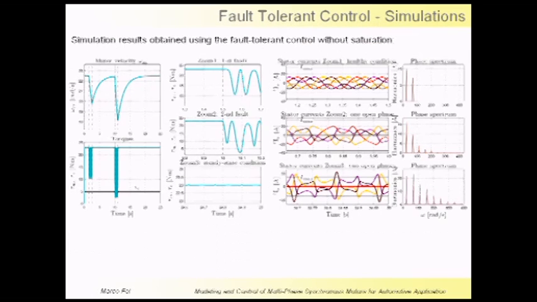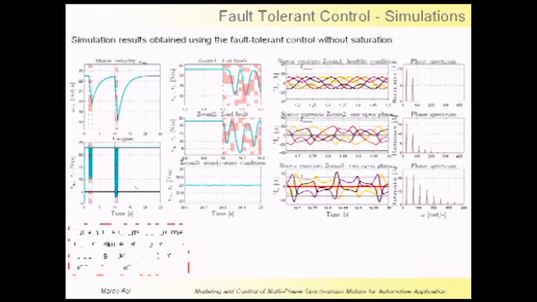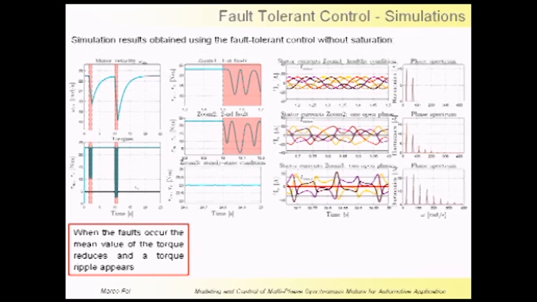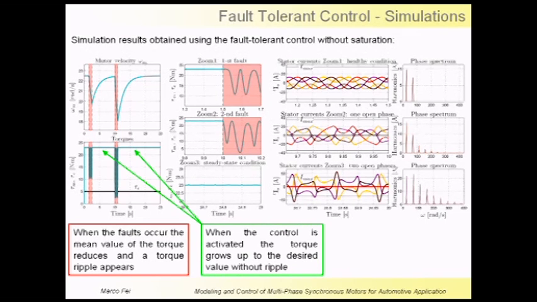And you can see the simulation obtained for two adjacent open phases. Note that when the faults occur and the control is not modified, the torque mean value decreases and torque ripple appears, so the motor decelerates. But when the fault-tolerant control is applied, the torque goes up to the desired value without ripple.